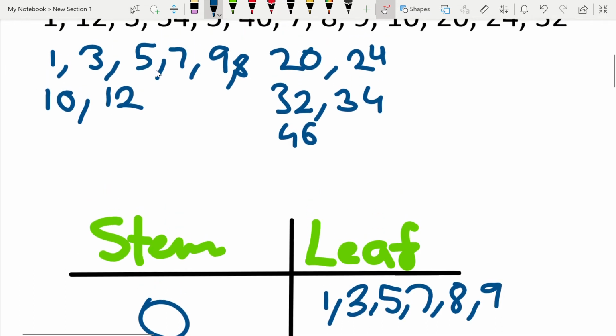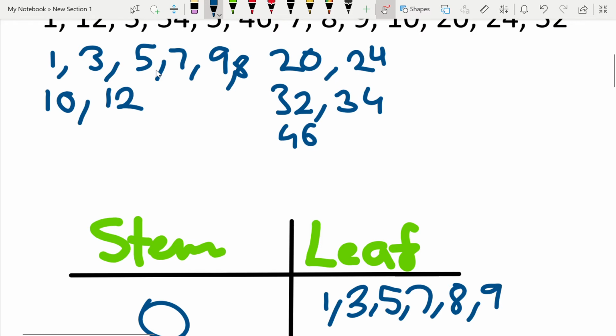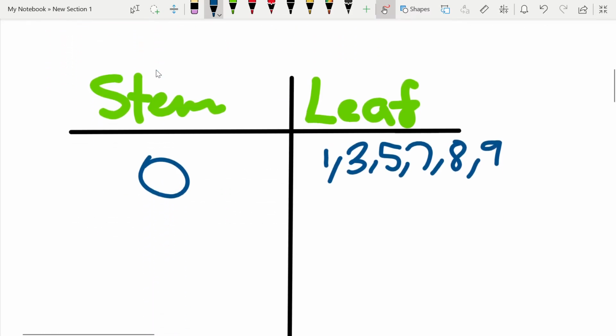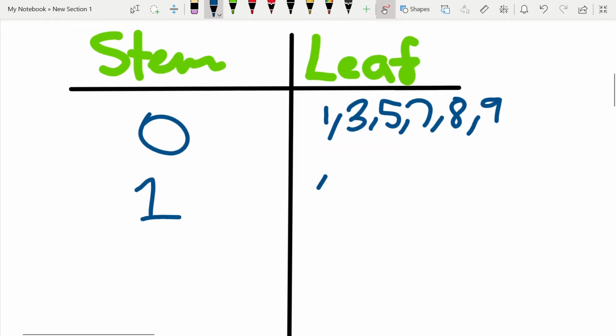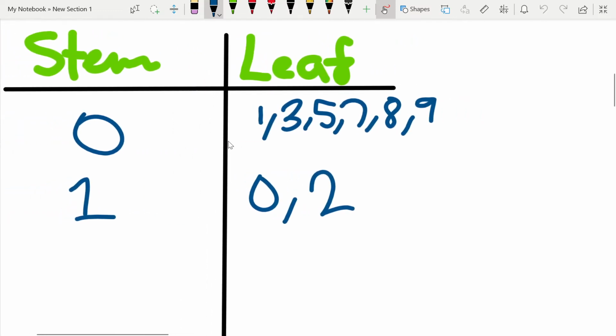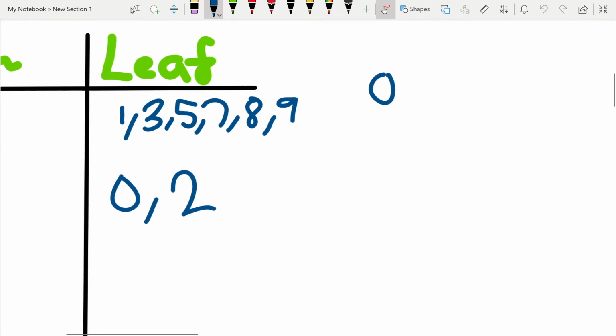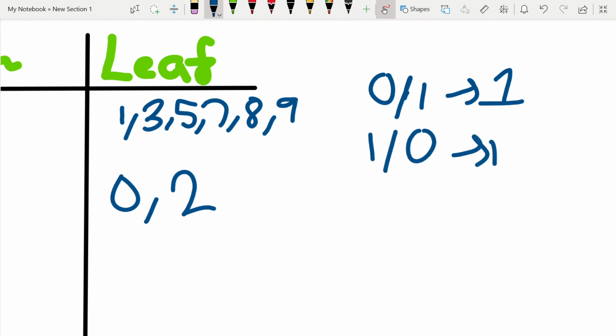Alright, the next one is 10 to 20. Now, the base number is 1, and we've got 10 and 12, so we can write 0 and 2. Now, if you like, you can write a key for it. So if you've got 0 over 1, that means 1. And if you've got 1 over 0, then that means 10. Alright, that's good enough.